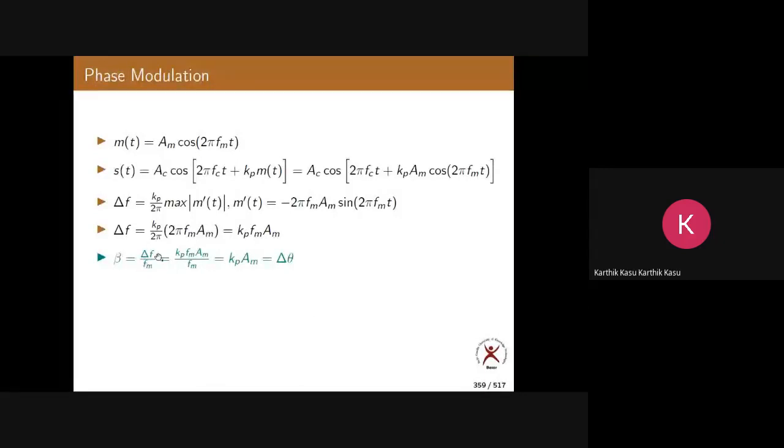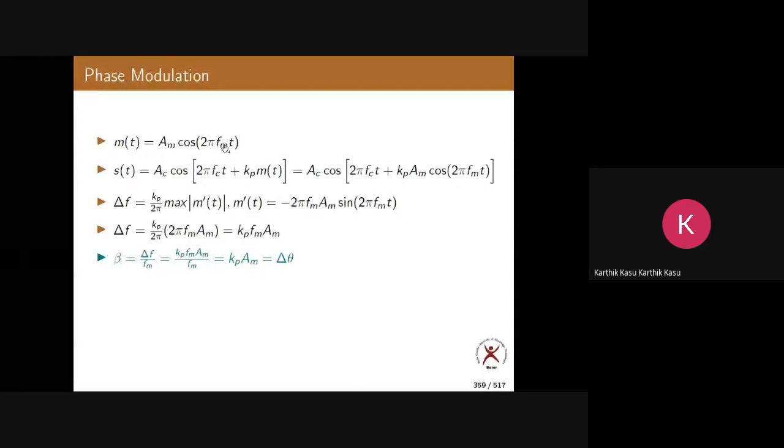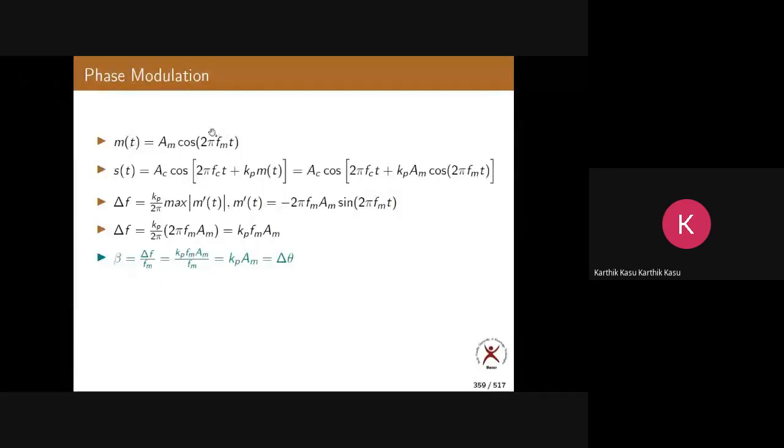And what is fm? It is the bandwidth of the message signal m of t, or the frequency of the message signal m of t. Okay. So what is delta f? Kp fm am. Kp fm am by fm. So fm cancels out. You will get Kp am. But what is Kp am?